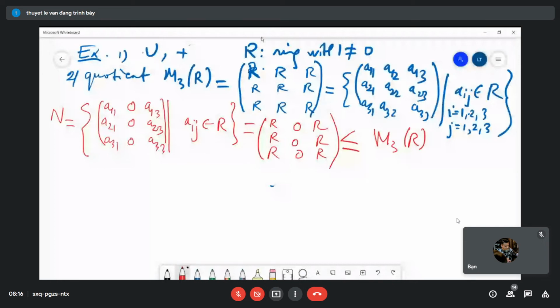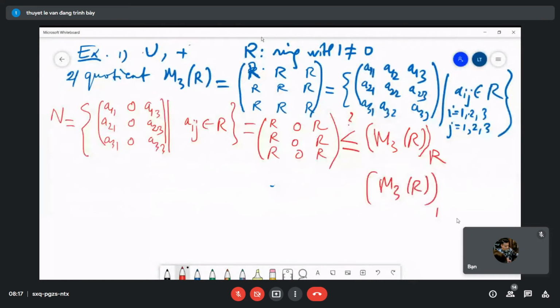But now here I consider this one. Okay, you can check this easily. You remember that there are two, M3(R) and this one and this one.